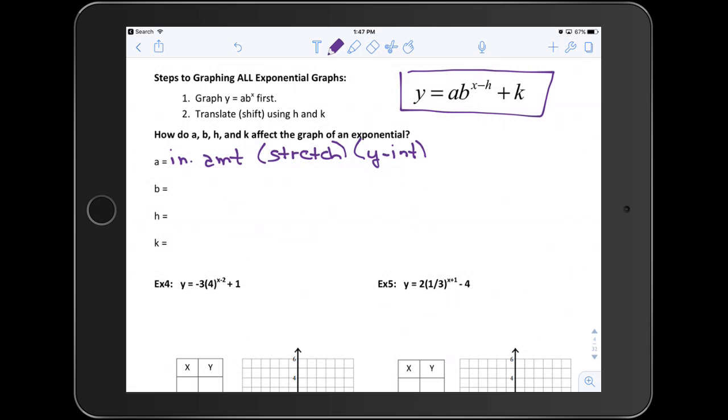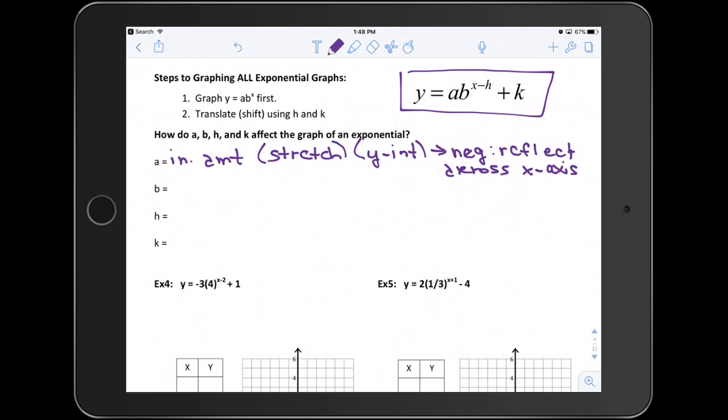So just keep that in mind. And then if it's negative, this is of course just like sine and cosine or parabolas, any of them. Negative is going to reflect across the x-axis.